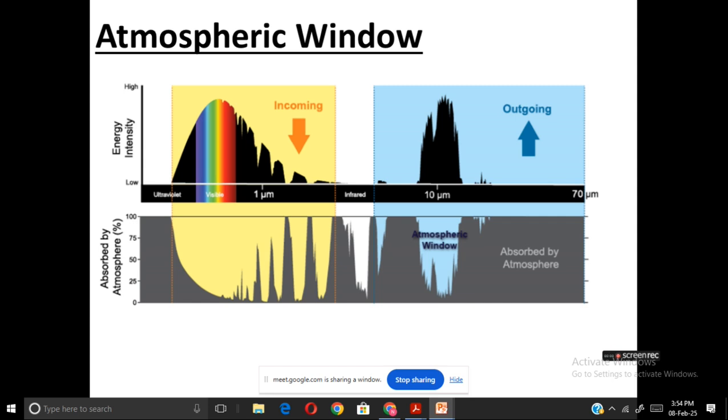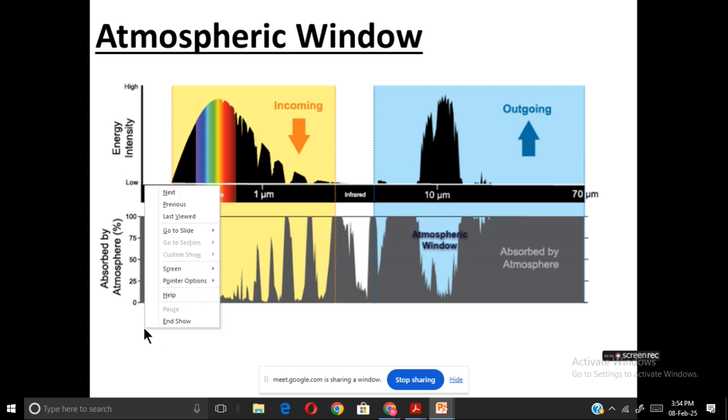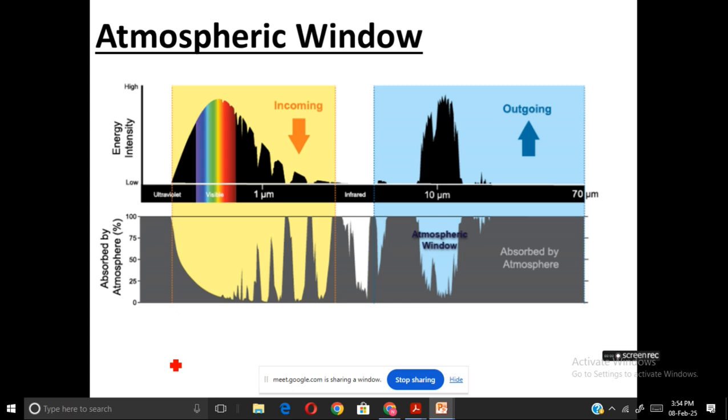Now there is another interesting concept which is known as the atmospheric window. As I said, the gas molecules have selective absorption, which means they absorb only certain specific wavelengths. The atmospheric window comes from this particular property of the atmospheric gases.